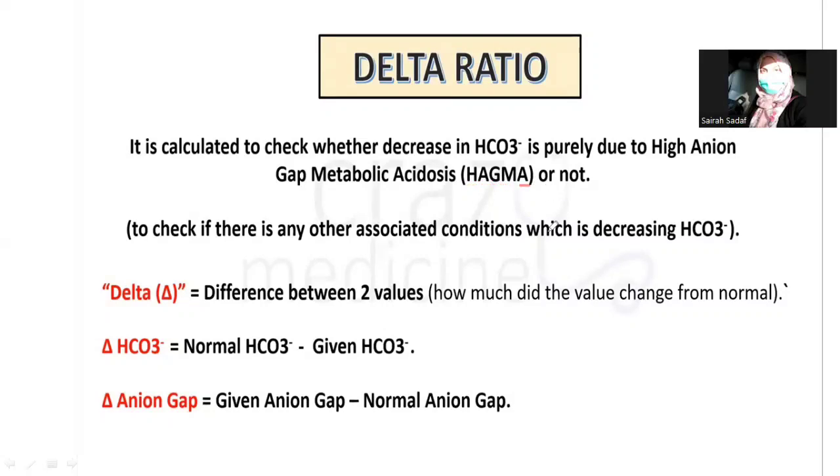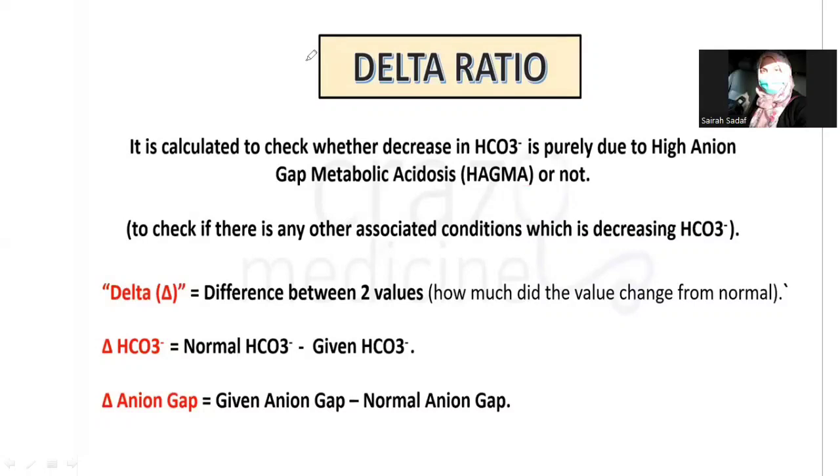NAGMA is normal anion gap metabolic acidosis. So just keep these two terms in mind, HAGMA and NAGMA.